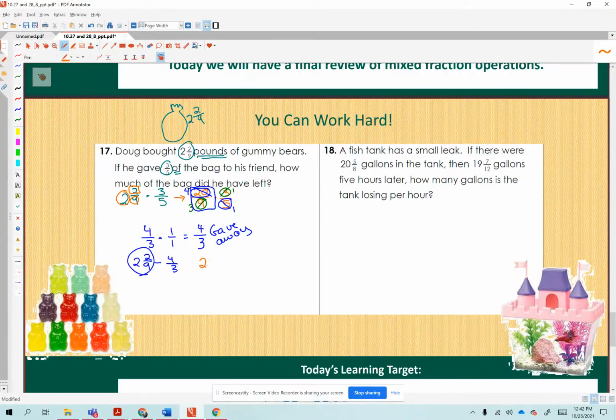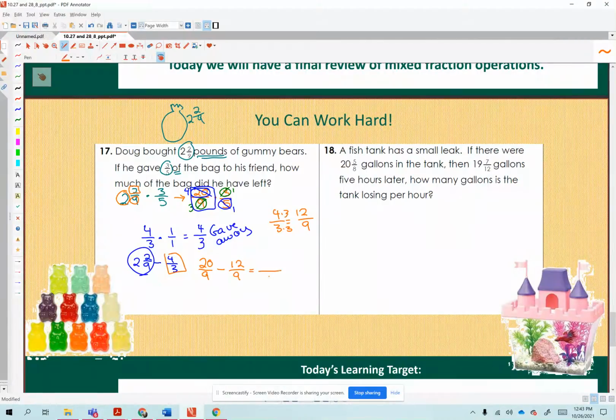So that would be 20/9 minus 4/3. And I'm going to rewrite the 4/3 with a denominator of 9. 3 times 3 is 9. 4 times 3 is 12. So that would be 20/9 minus 12/9.